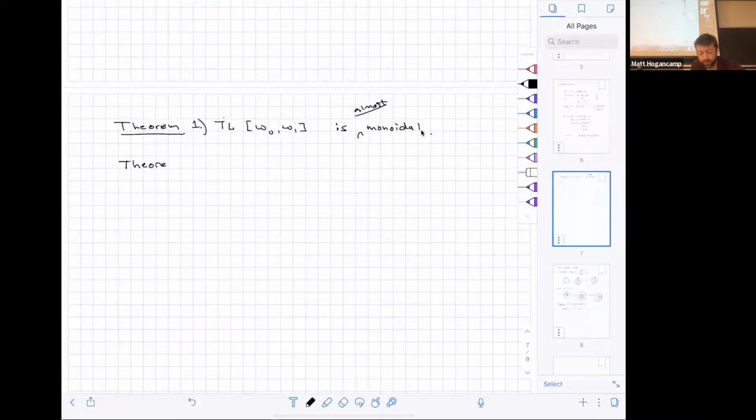And the second theorem is that this guy satisfies the handle slide move. So to state the handle slide relation, we need to work in a different Bar-Natan category.